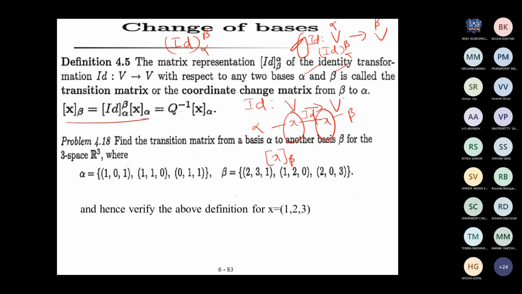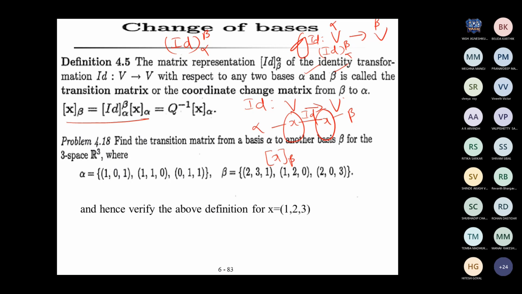Under identity transformation, X is carried on to X, right? Here the basis is alpha and here the basis is beta. So what does this X beta represent? It is called the coordinate vector.